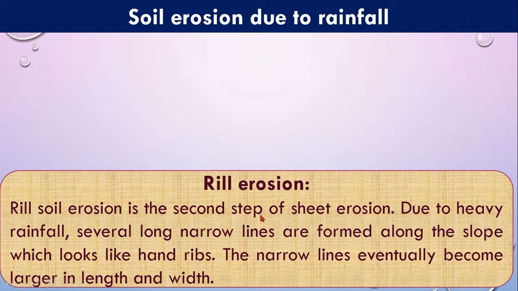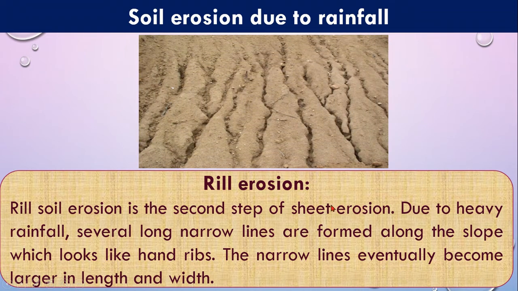Next one is rill erosion. So what is rill erosion? Rill erosion is the second step after sheet erosion. That means due to heavy rainfall, several long narrow lines are formed along the slope, which look like handrails. If you observe your hand, you can see this type of rip or crack, even in the soil. After rill erosion, the narrow lines eventually become larger in length and width.